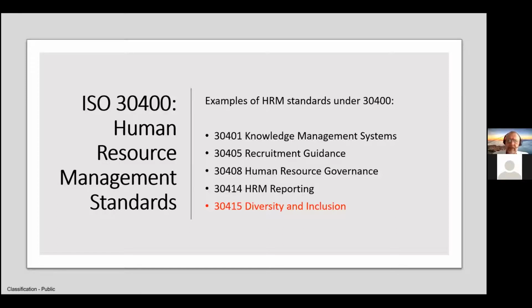But other standards under this suite include, as you can see on the screen, 30401 knowledge management systems down to 30414 human resource management reporting. So there are standards in these other areas that also have to align with 30415, and 30415 has to align with 30401, for example.